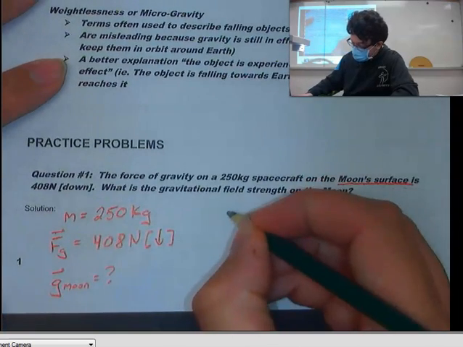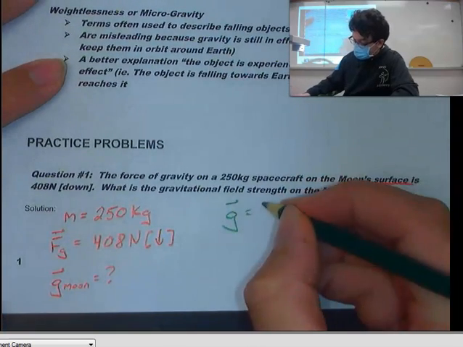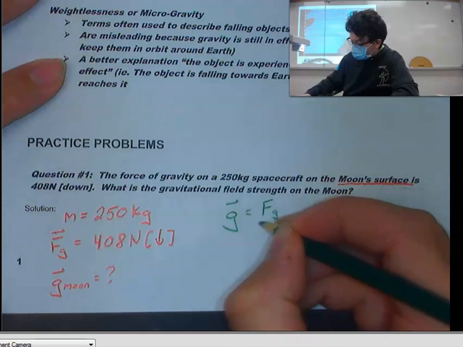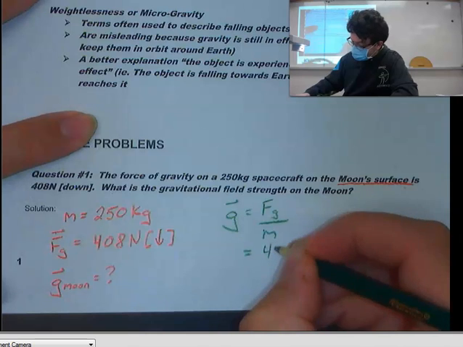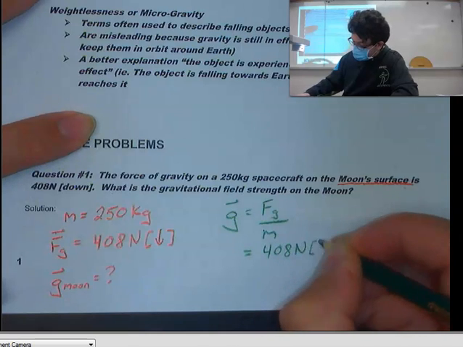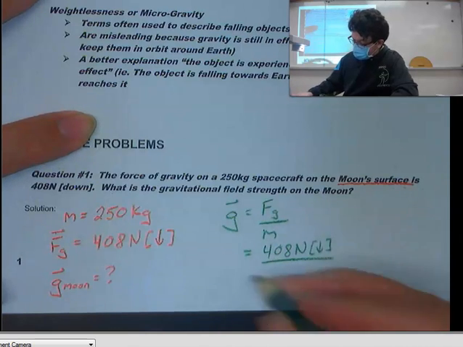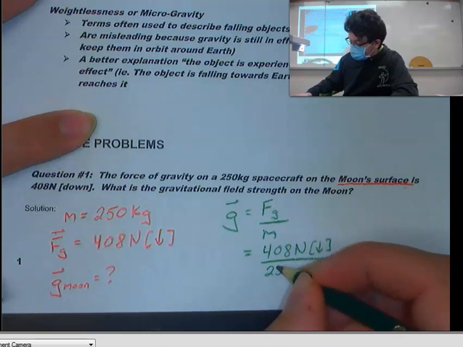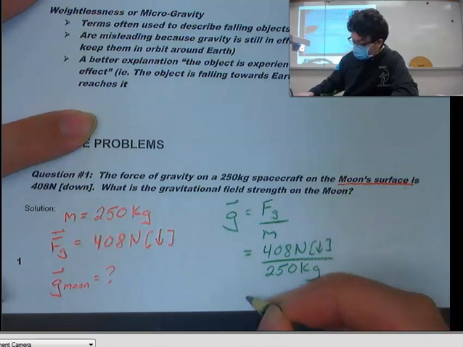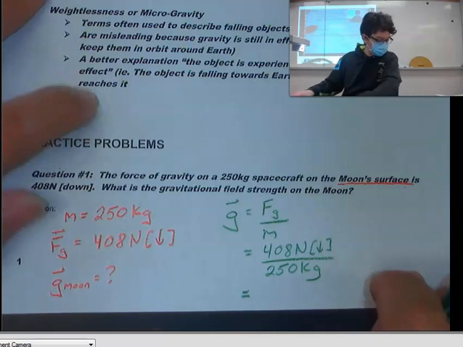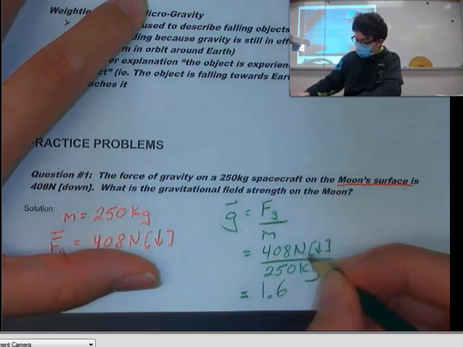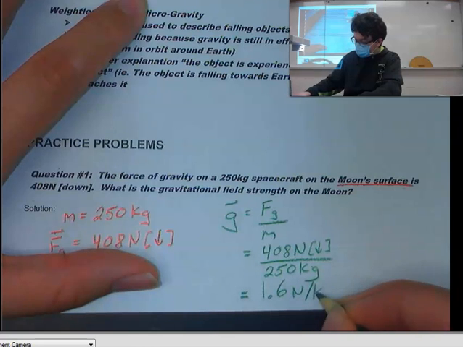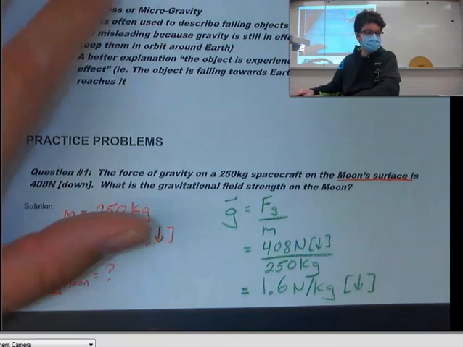So g will equal our force divided by our mass, which is 408 newtons down over our mass, 250 kilograms. Put that on our calculator and we get 1.6 newtons per kilogram down. So that's our gravitational field strength on the moon.